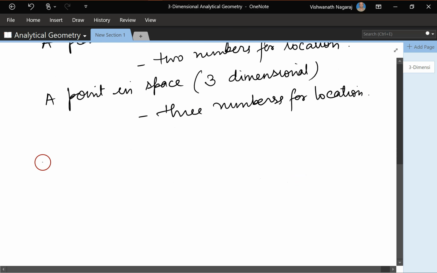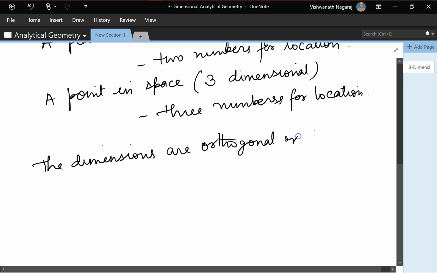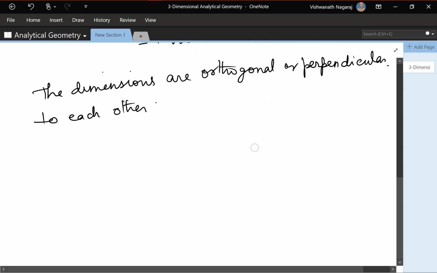Now we have already seen this, that the dimensions are orthogonal or perpendicular to each other. So when we are talking of a number line, we have a starting point, that is 0, and we have numbers to the right and numbers to the left.